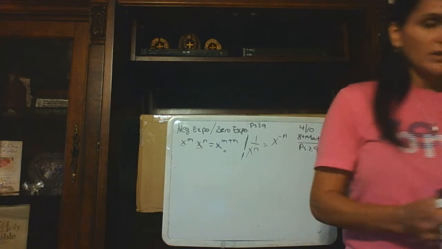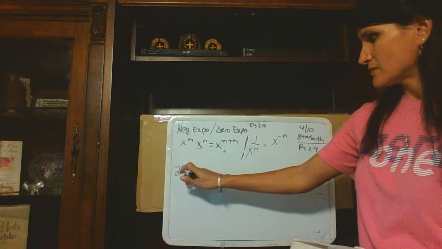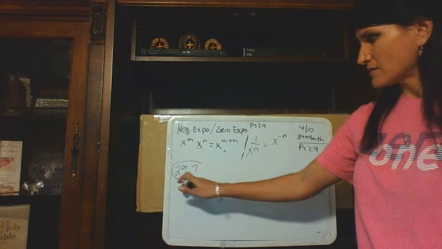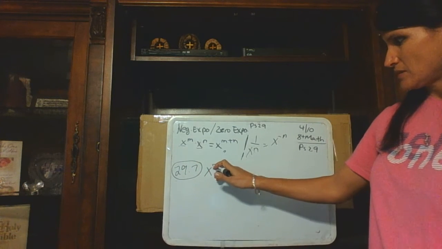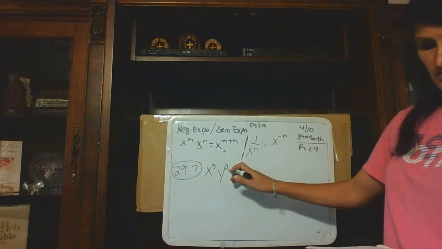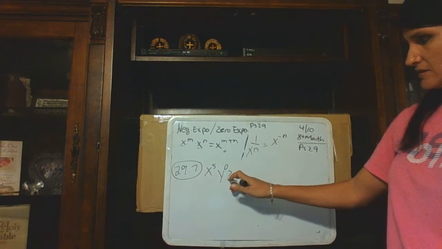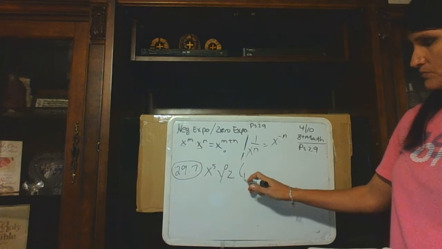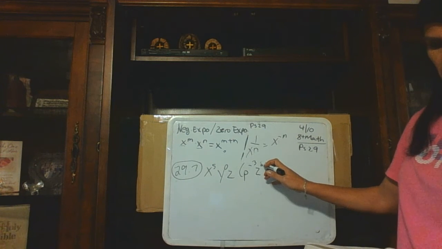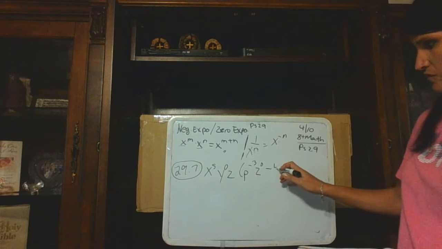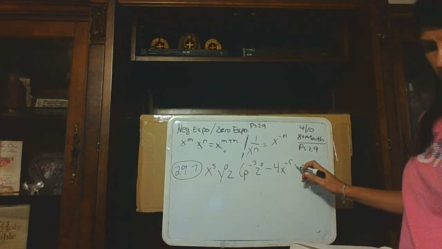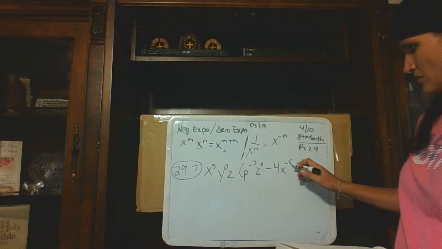Okay, 29.7 says, we have x to the 5th, y to the 0, z, p to the negative 3rd, z to the 0, minus 4x to the negative 5th, z to the negative 1.